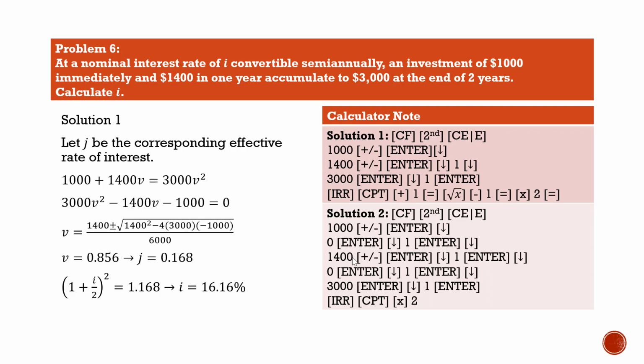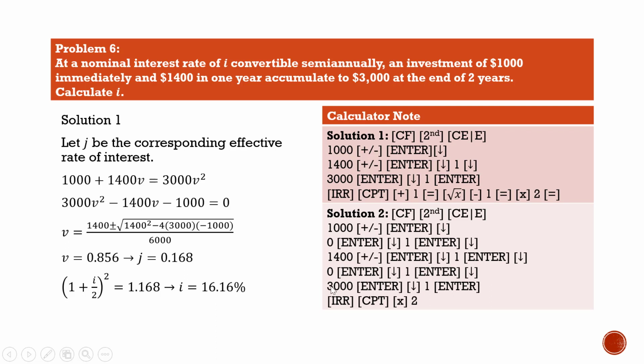So 1 year later means 2 half years. So at time 2 we have 1,400 plus or minus, enter, and then enter frequency 1. At time 3, that means at 1.5 years, the net present value is 0 and frequency 1.